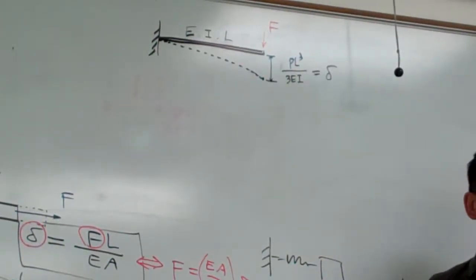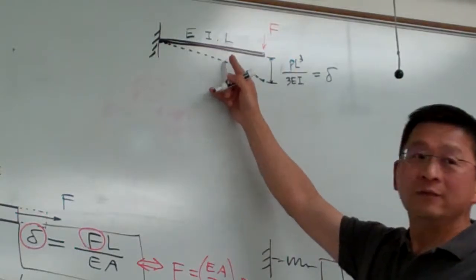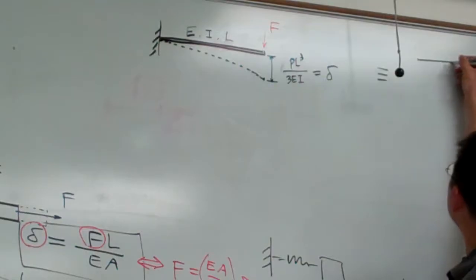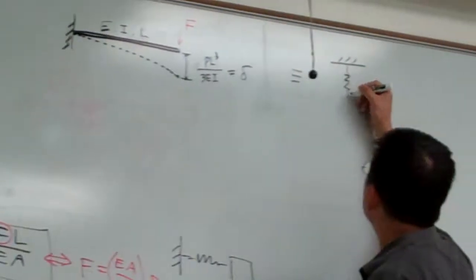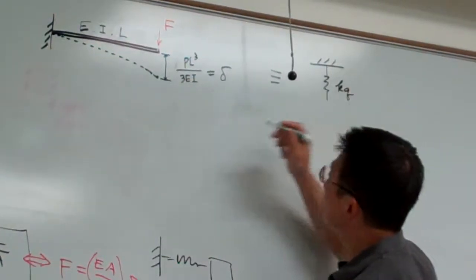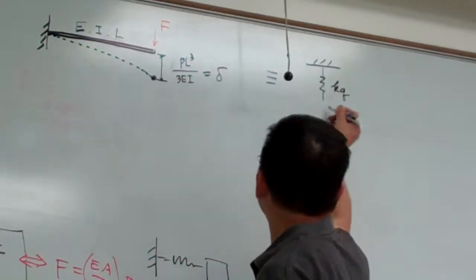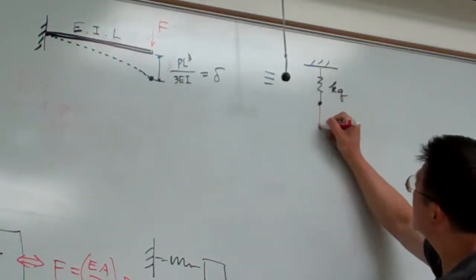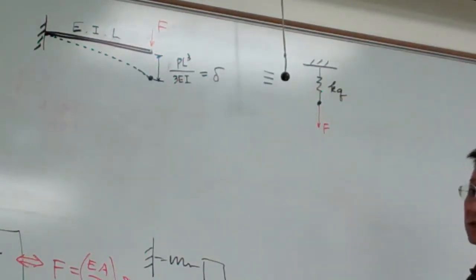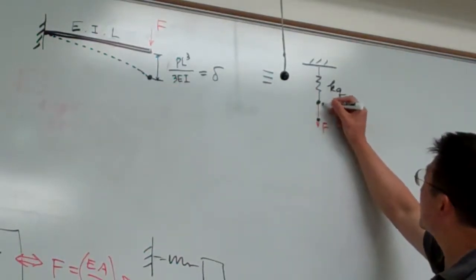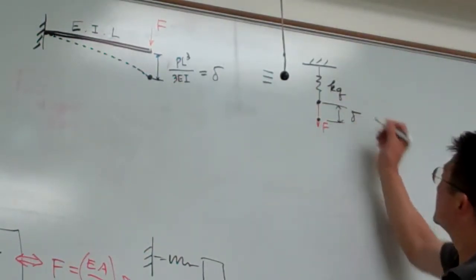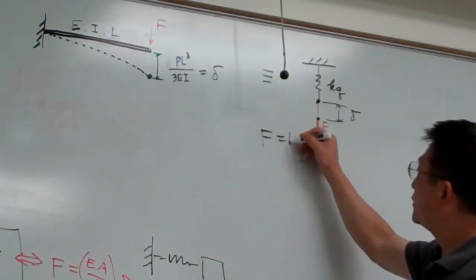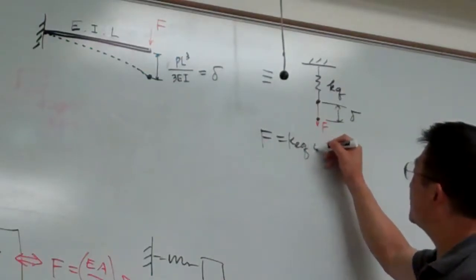Okay. So if you're going to set this beam up as equivalent to, say, something like this, a KEQ, let me describe this one under the same loading and the same deformation, for example, from here to here, is delta. So what is KEQ? Again, from Hooke's law, F equals KEQ times delta.